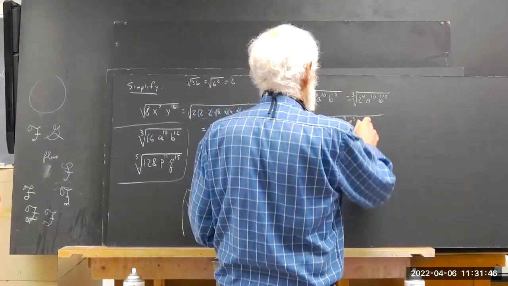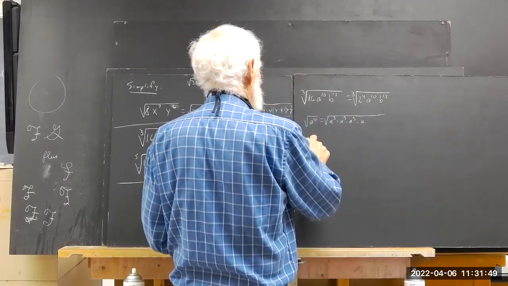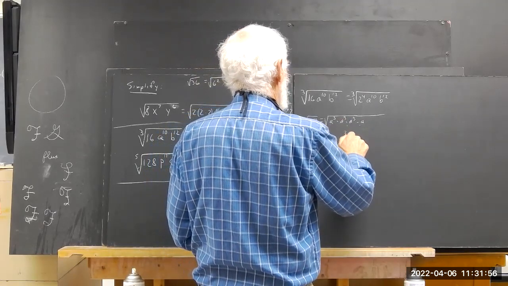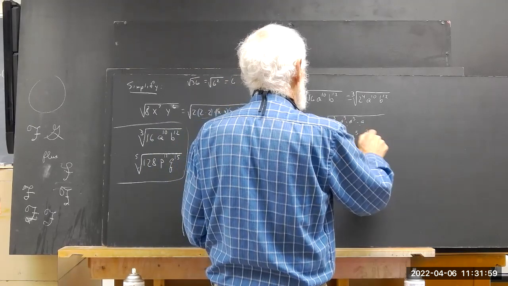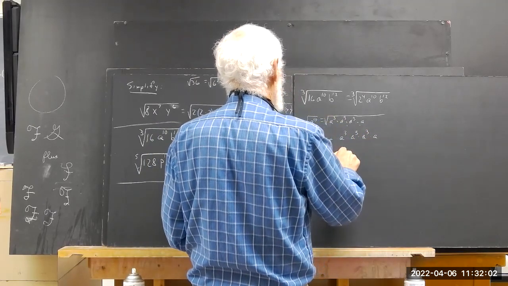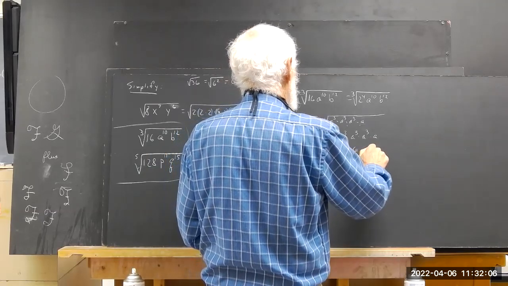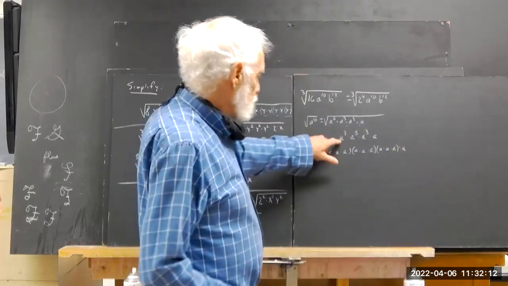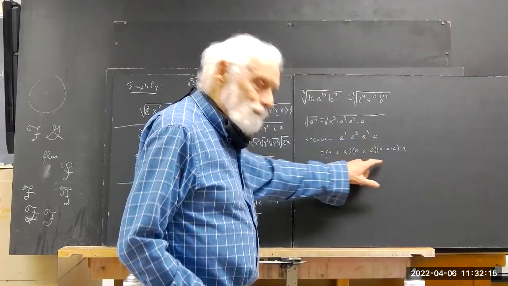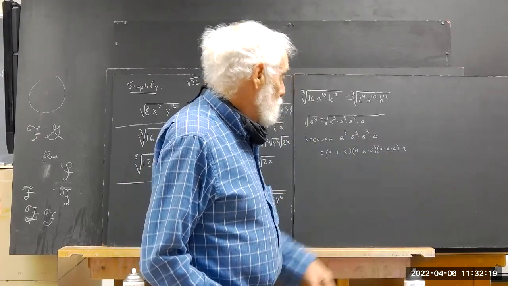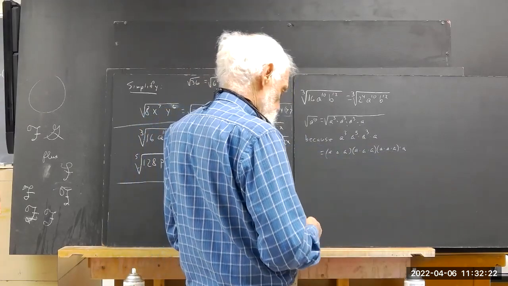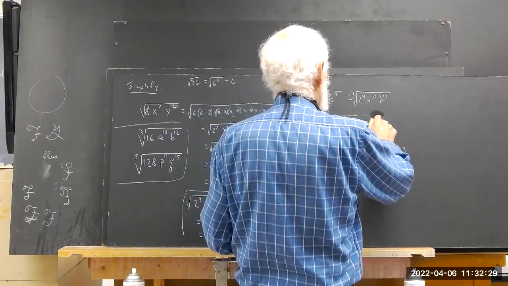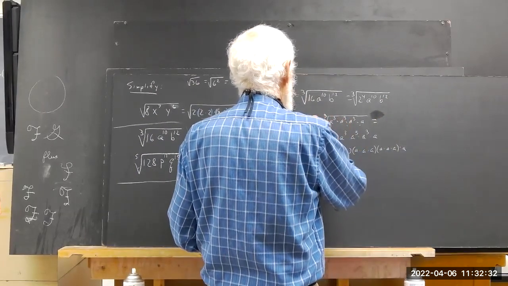Times A. Because A cubed times A cubed times A cubed is 3 A's written 3 times with an A left over. And it's a cube root.